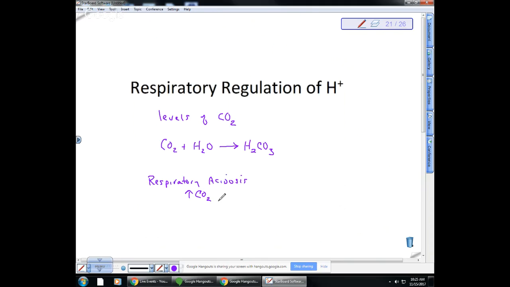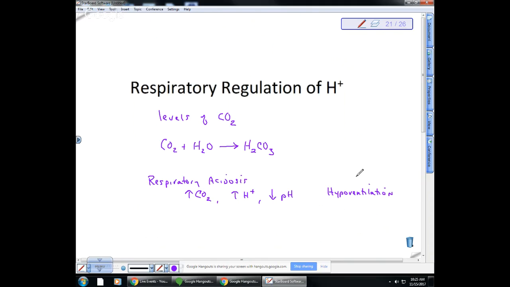So this increases hydrogen ion concentration, and it decreases the pH. So it'll make the pH low. As a review, we've talked about this being hypoventilation. Sorry, so you're not breathing enough.